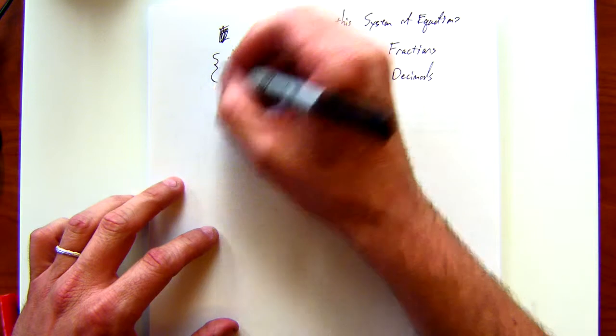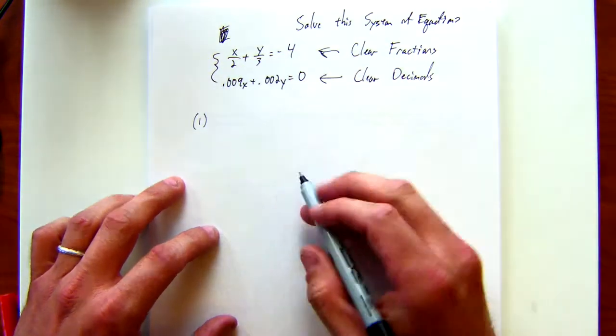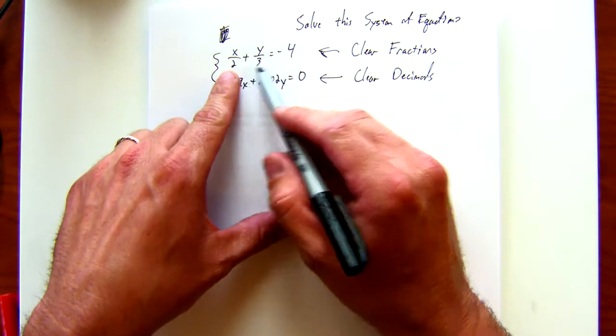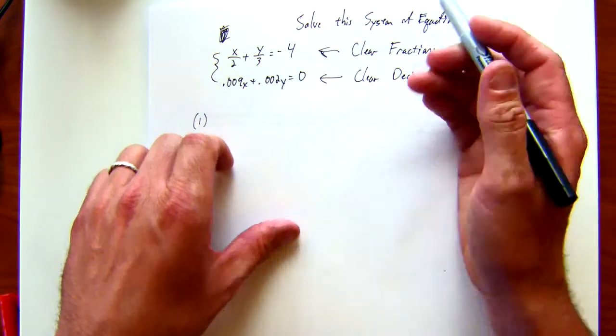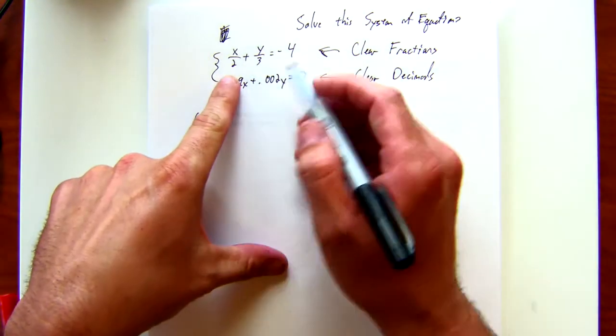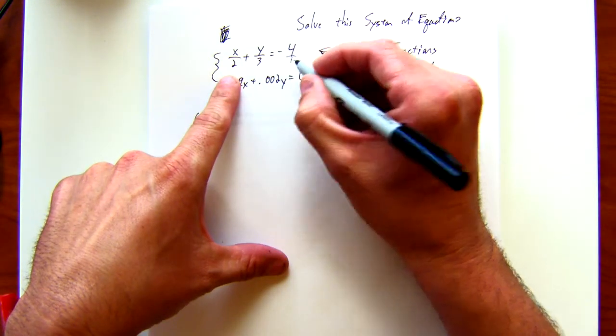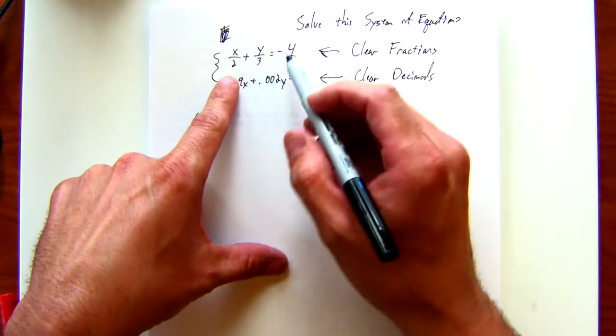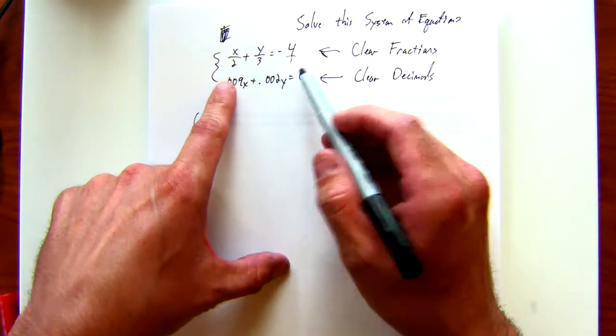So let's just work with the first one, equation 1. What do I want to multiply this equation by to clear the fraction? Not the lowest common denominator, but the least common multiple. What's the denominator here? 1. So what's the least common multiple of 2, 3, and 1?